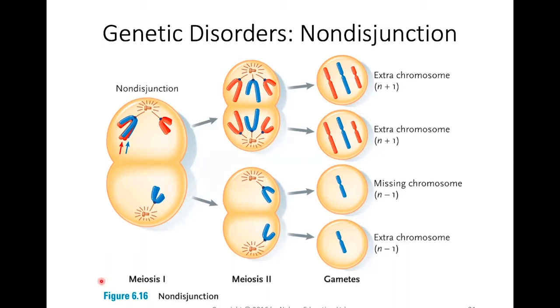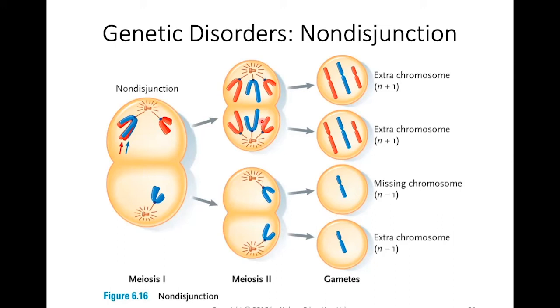Now, the term that we can use to describe whether you have additional chromosomes or whether you have missing chromosomes is aneuploidy. And with certain types of non-disjunction, depending on how many chromosomes are missing or how many extra chromosomes you have, the gamete itself may not be viable, or even the fetus that's produced may not be able to develop to full term.